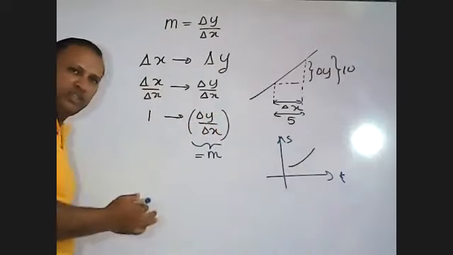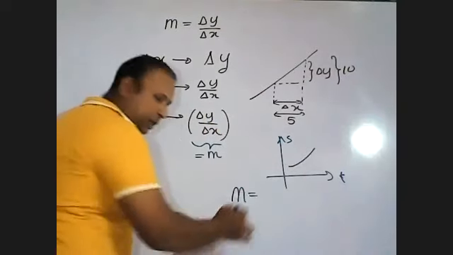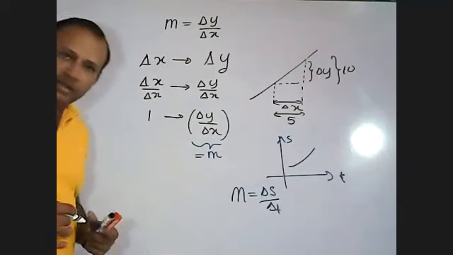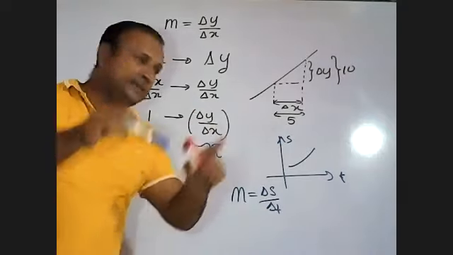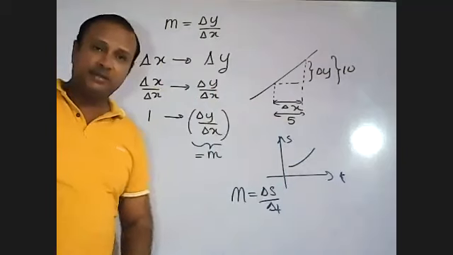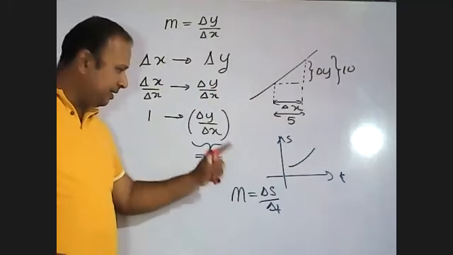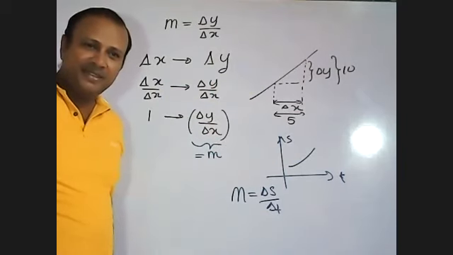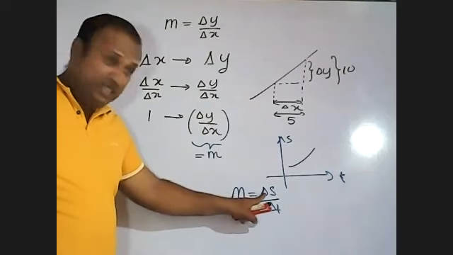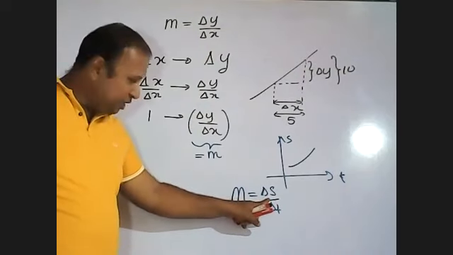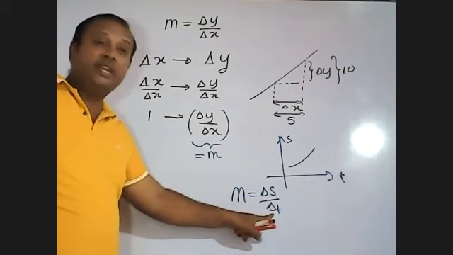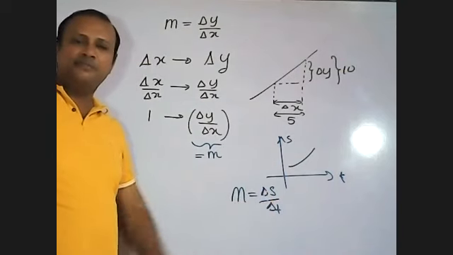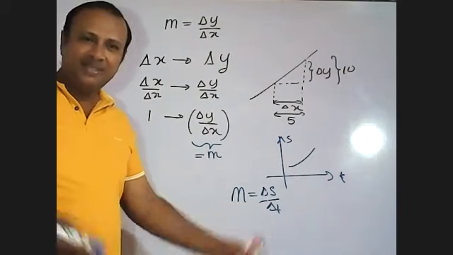So according to this definition, the gradient of a straight line curve is equal to delta S over delta T. So the mathematical representation of the gradient is the changing displacement per unit time. That is velocity.